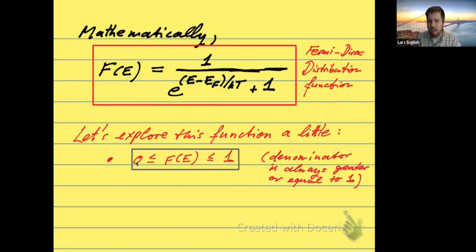And furthermore, it can't dip below 0 either, because this denominator certainly can't be negative. So, if this exponential here gets very, very large, then we have 1 over a very large number, and that could maybe approach 0.